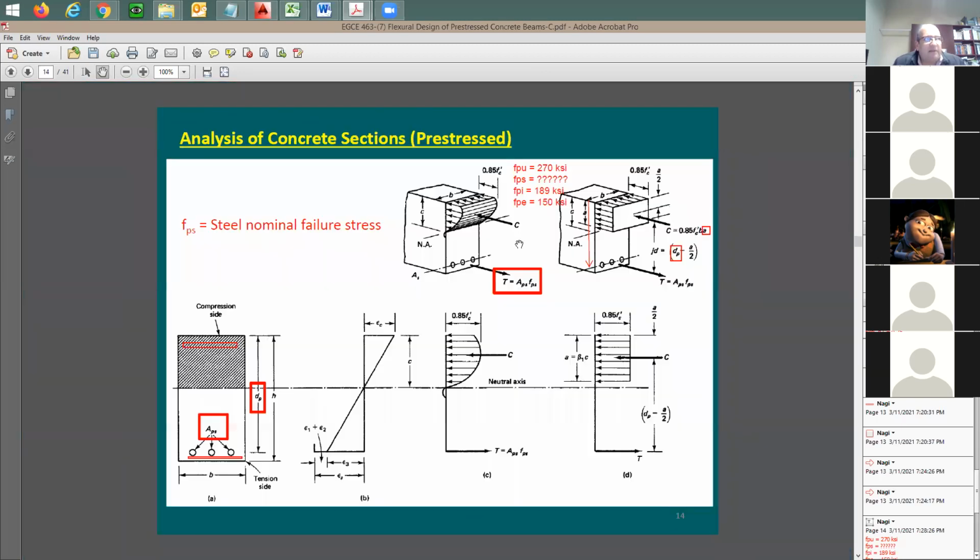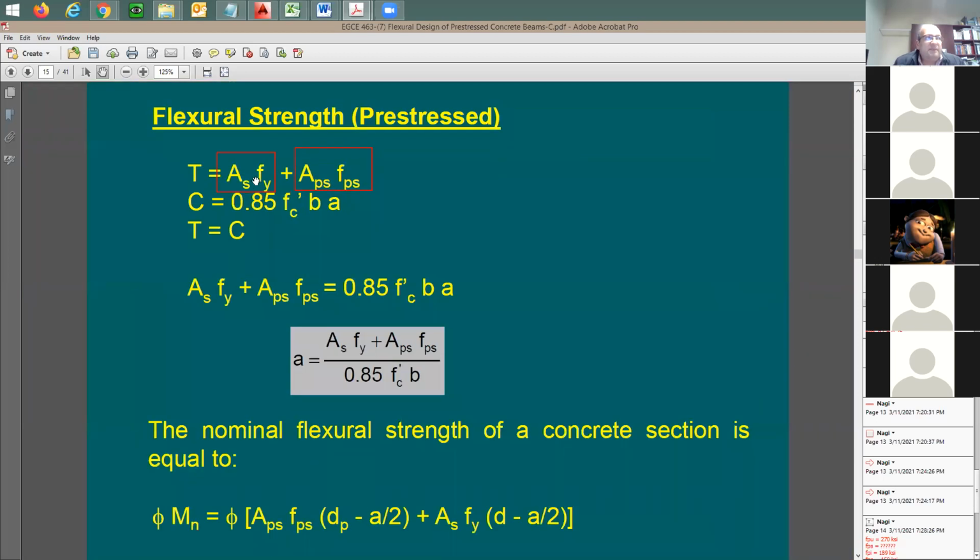Let me go back one slide. It's going to be this force here. So in this case, T is going to be equal to C. Here's the total tension force again, these two terms. Now I should be able to solve for A, if I have a good estimate for the amount of reinforcing bars, the amount of pre-stressed strands, the cross-section area of the pre-stressed strands, and FPS.